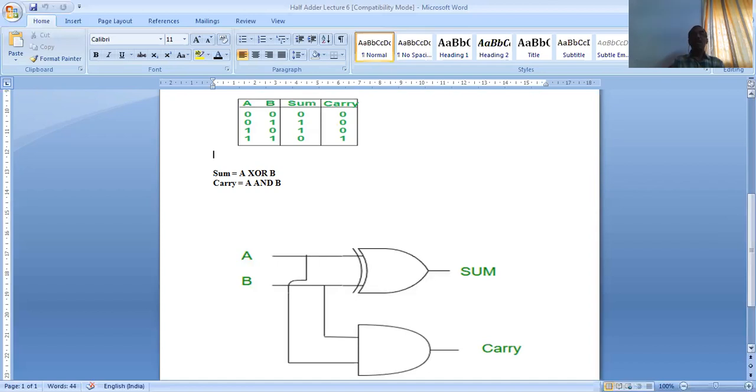Next, when A equal to 0, B equal to 0, AND gate is there, A multiplied by B equals 0 multiplied by 0, output 0, carry 0. Thus, during A equal to 0, B equal to 0, sum equal to 0, carry equal to 0.